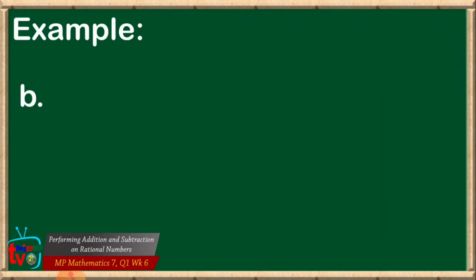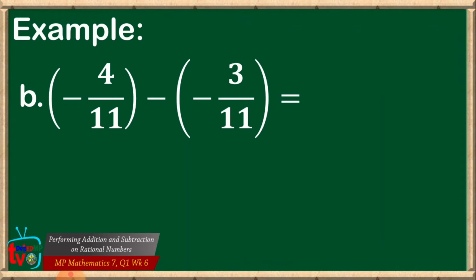Example B. Negative 4 over 11 minus negative 3 over 11. Again, add the numerator of the minuend and the opposite of the subtrahend over the common denominator.